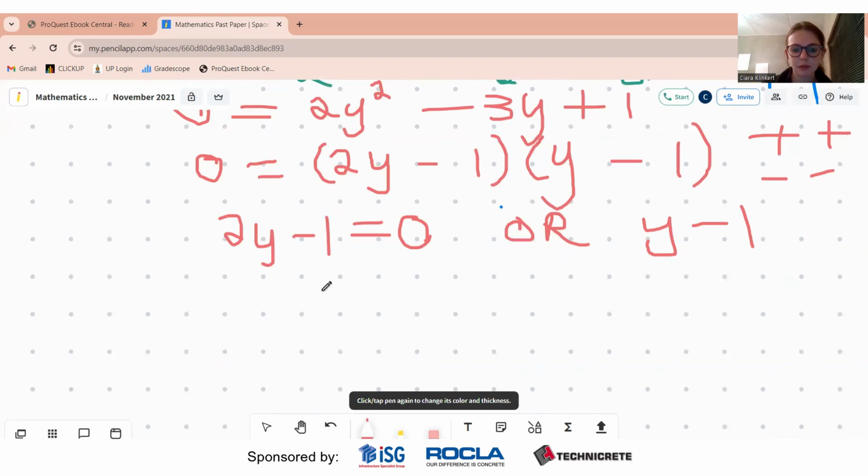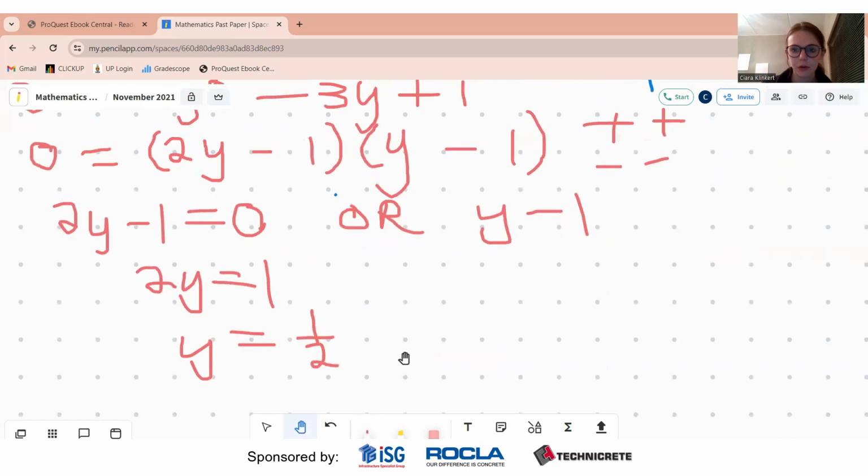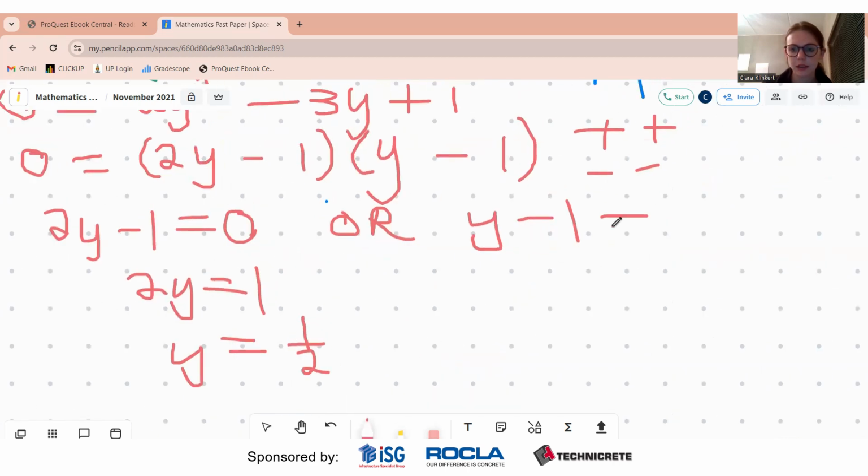Then I simplify by taking the minus 1 over, it becomes positive 1. Then to get y alone, I must divide out by 2. So I get that y is equal to a half. Or, I forgot to say that this has to be equal to 0. And then I just take the minus 1 over and I get that y is positive 1. So those are our two solutions for y.